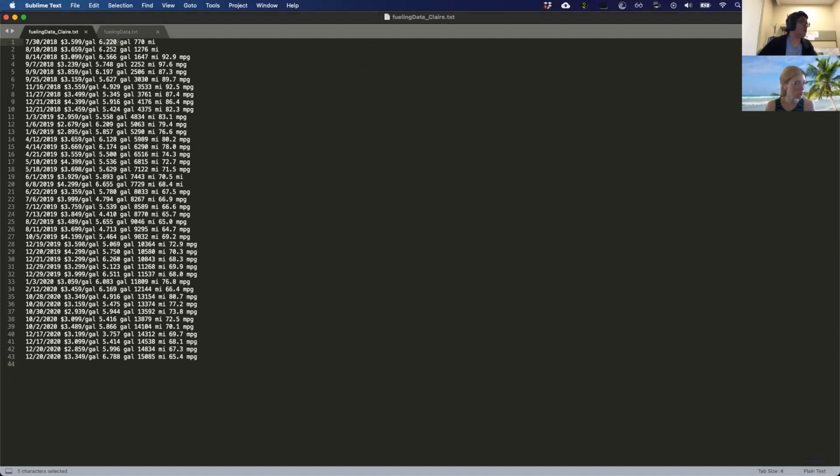The fuel amounts that you see here in this column is the fuel required per trip. And then the mileages here is different from what was being reported in the Doris data set. This mileage is the odometer reading, so it's the cumulative miles.